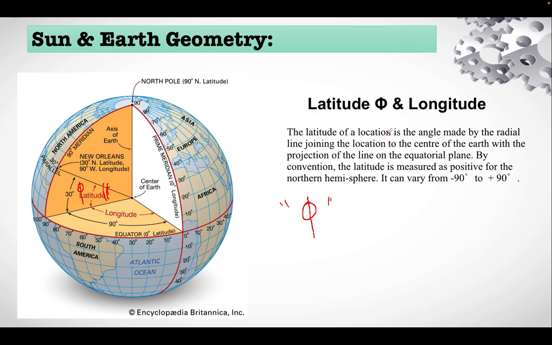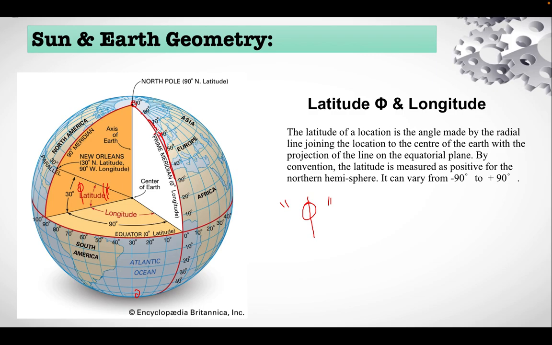The next thing is longitude. It is another angle we mention whenever we give the location of a particular point on the earth. Longitude is a line joining the two poles of the earth, the north pole and the south pole. For calculation of longitude we consider one prime meridian, the prime longitude passing through Greenwich, England.